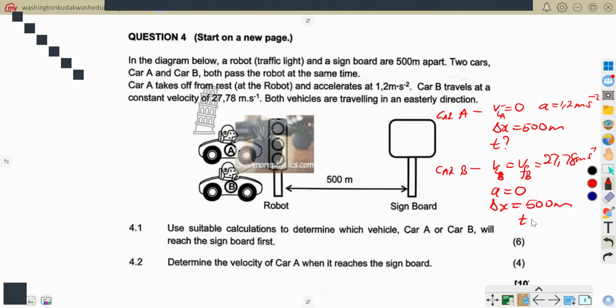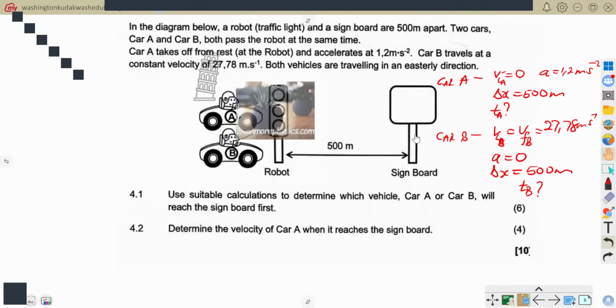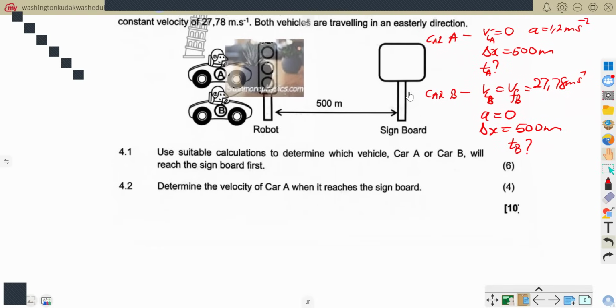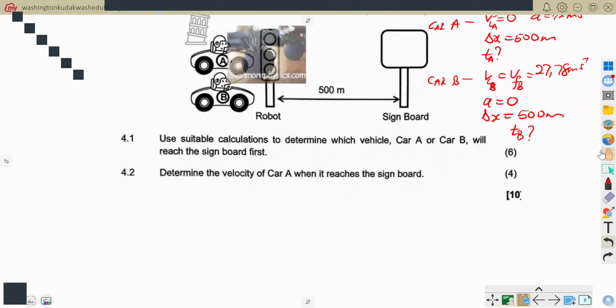Now let's use this information to calculate the time each took. So we are looking for the time for A and the time for B. That is what we are looking for. Let's create space so that we can use that information to calculate the time for each. How do we calculate the time for each? We can use the equations of motion. And what do the equations of motion say?